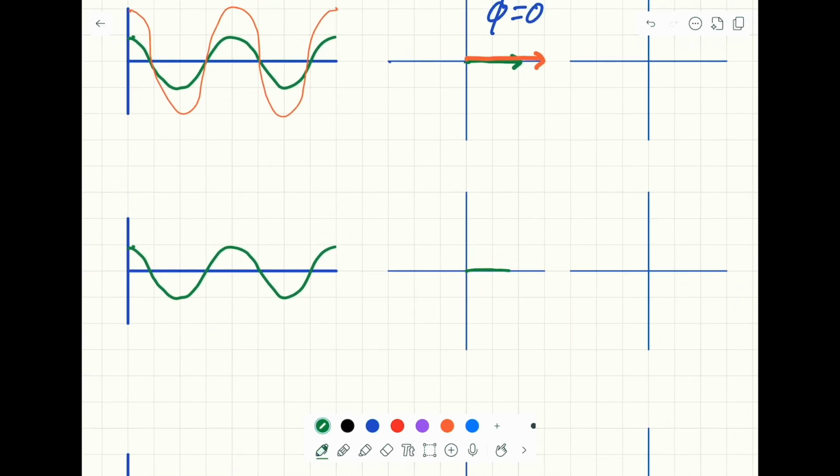This is the current here, and the voltage is 90 degrees lagging from the current. So I will put the voltage here, and the angle between them is 90 degrees.